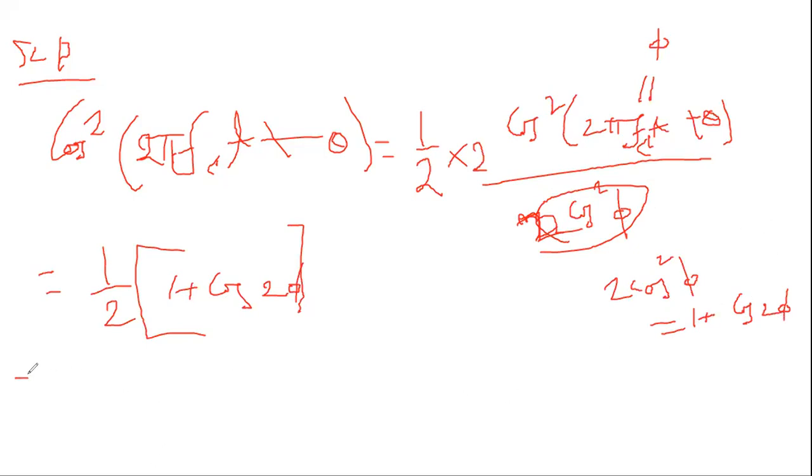So now let us take the value of phi here: half of 1 plus cos of 2 phi, where 2 phi means 2 pi 2 fct plus 2 theta.